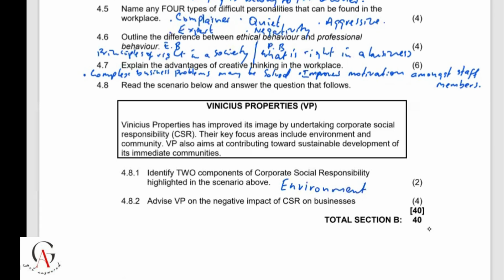Also advise VP on the negative impact of corporate social responsibility on business. So this one we have to identify two. So we have environment and community. Okay, right. So advise VP on the negative impact of corporate social responsibility on different sets of businesses.